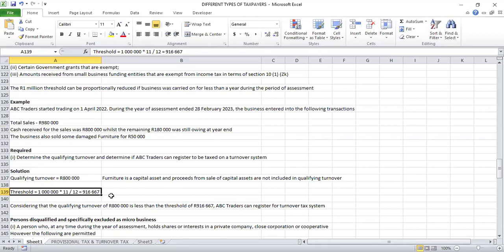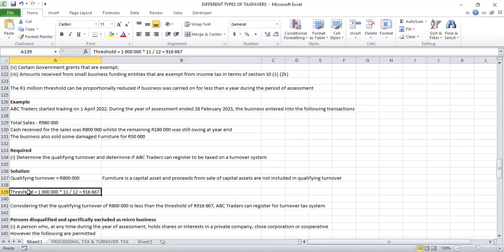So we no longer use their 1 million. Instead, we use the 916,667. So considering that their qualifying turnover of 800,000 is less than the 916,667, then this business can register as a micro business.